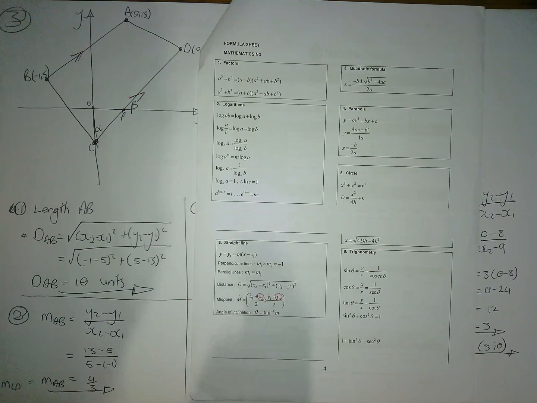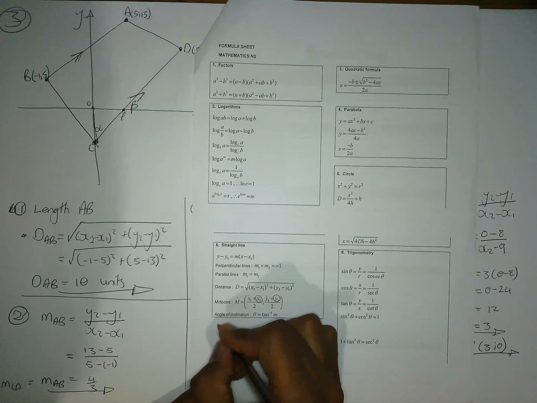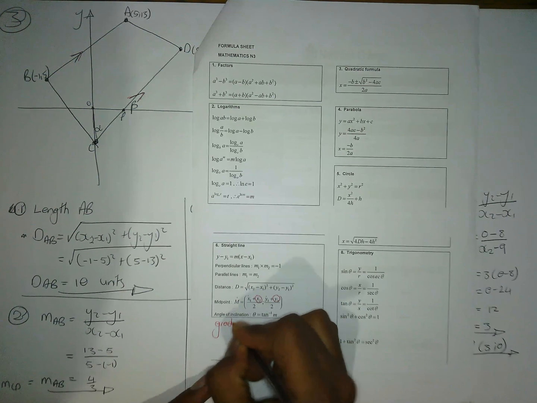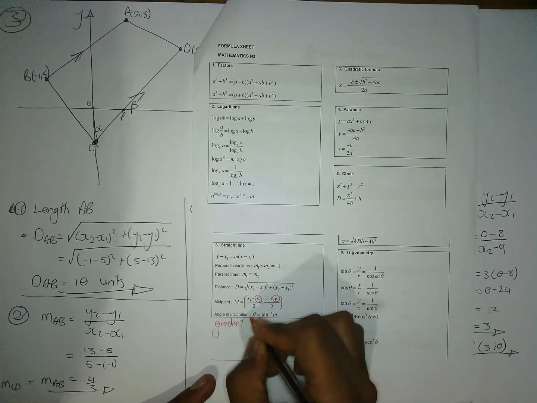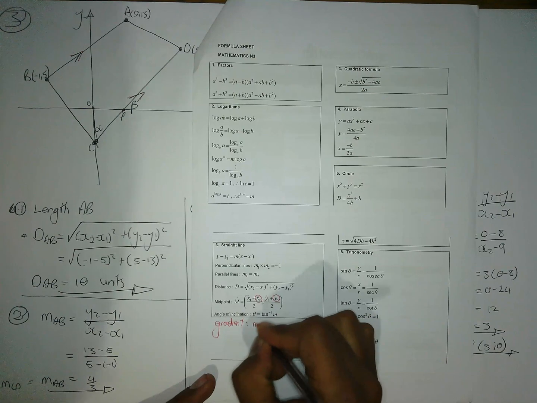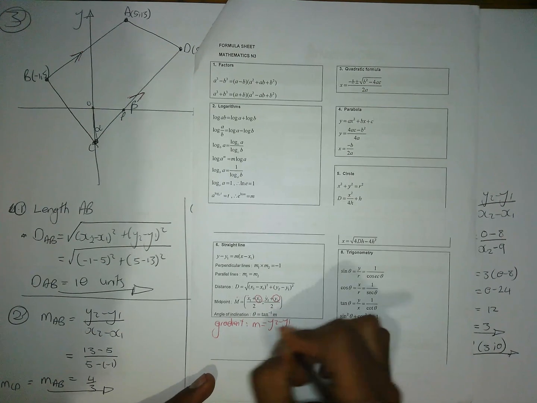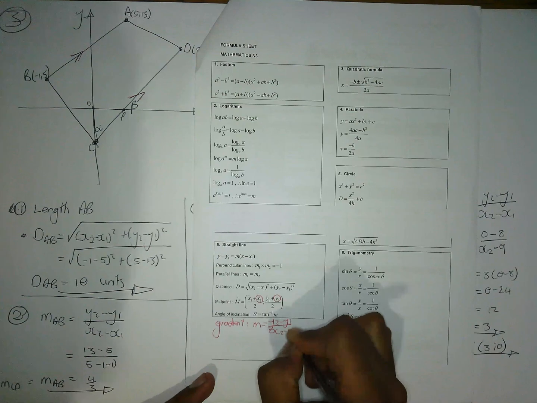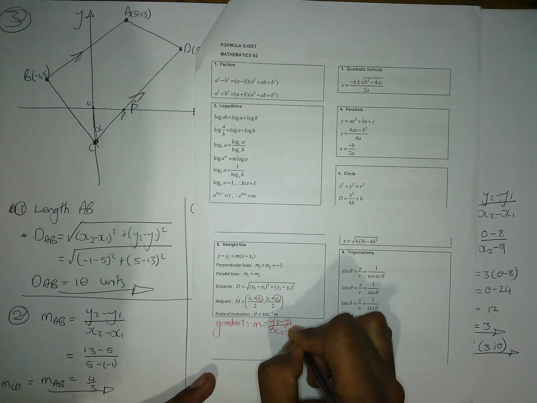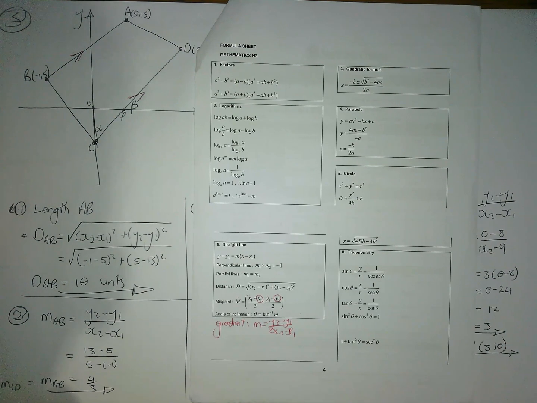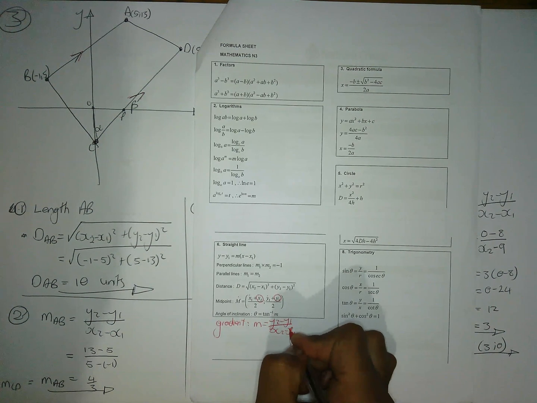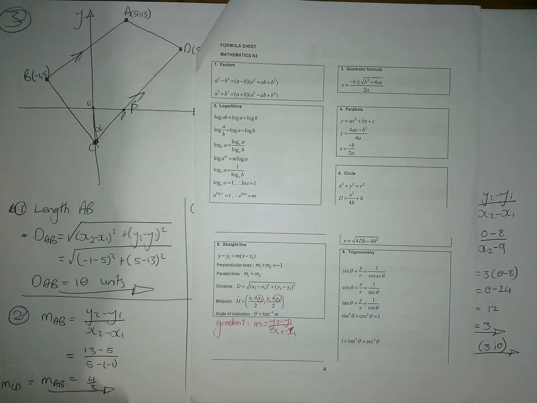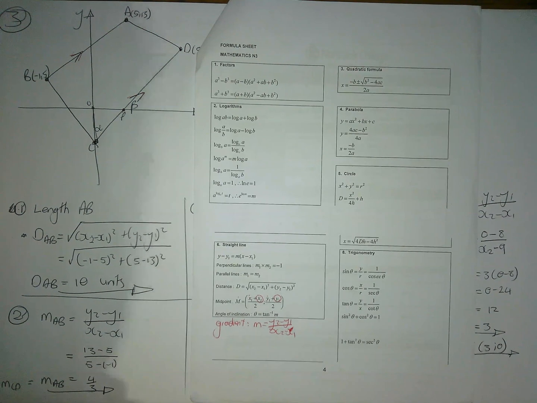So you must learn the gradient formula: m equals y2 minus y1 over x2 minus x1. So you must know the gradient formula, guys. Only one you must actually know.